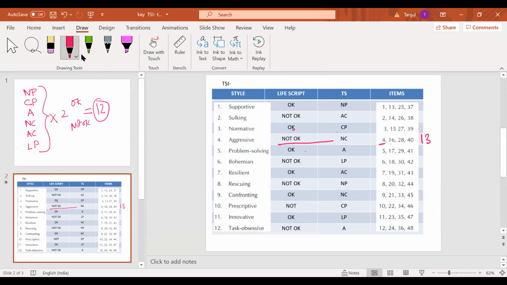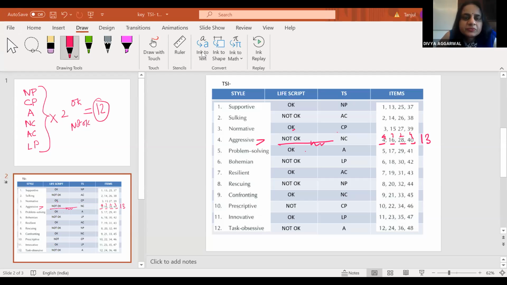So you visit items 4, 16, 28 and 40. You must have given something like 4, 3, 2, 4 here. That is why the total score is 13. So you go back to these items and ask what answer you wrote. Do I need to work upon this area, so that your not okay should be less than 11 and the okay should be more? Make sense?